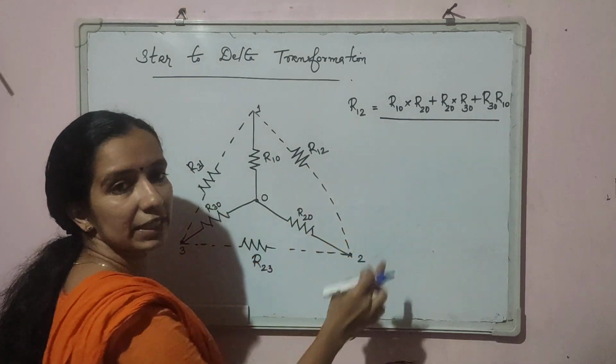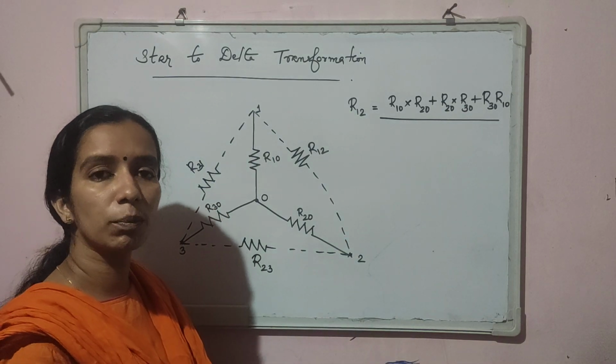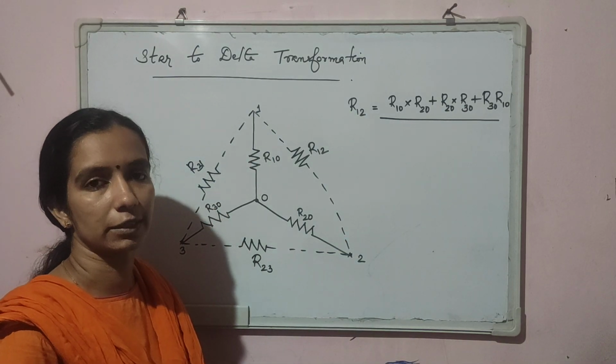So the numerator is the sum of products of all possible pairs of resistors.